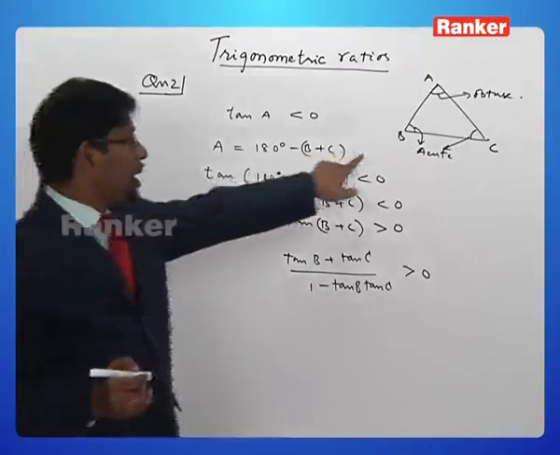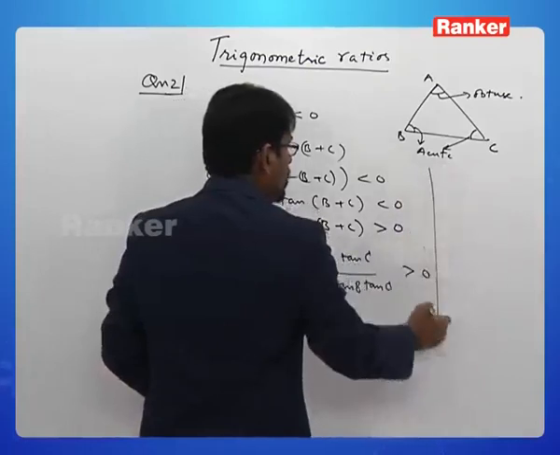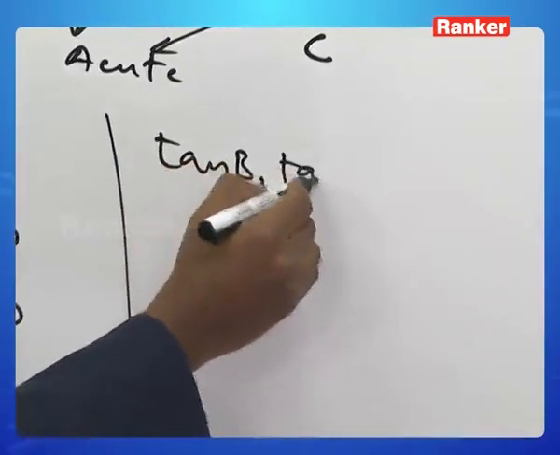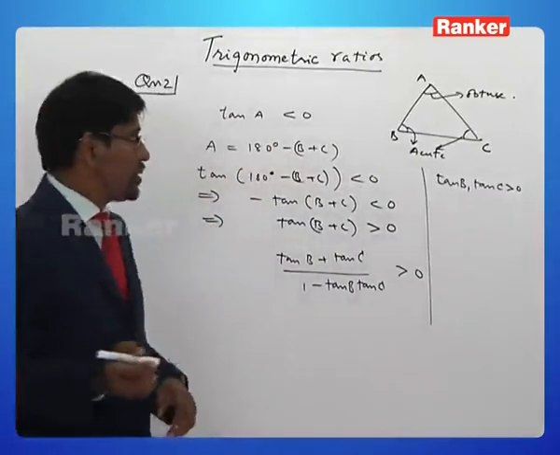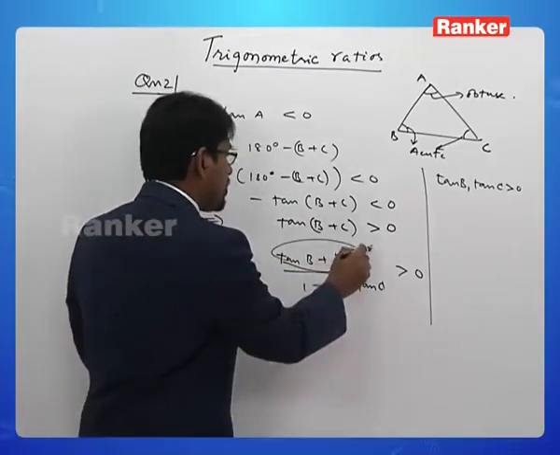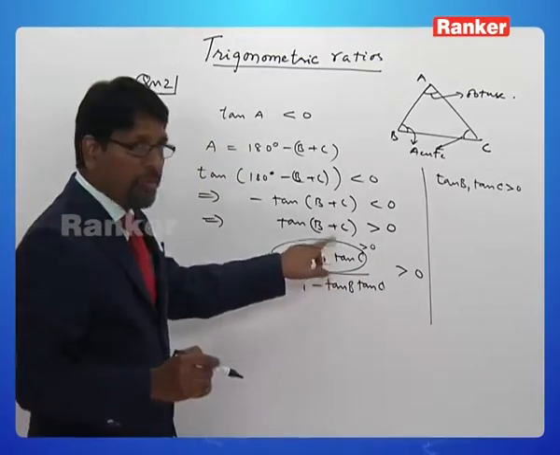We already know that B and C are acute, so tan B and tan C are both positive. For acute angles, tangent has to be positive. So the numerator has to be positive. When can a fraction be positive? When both are of the same sign.